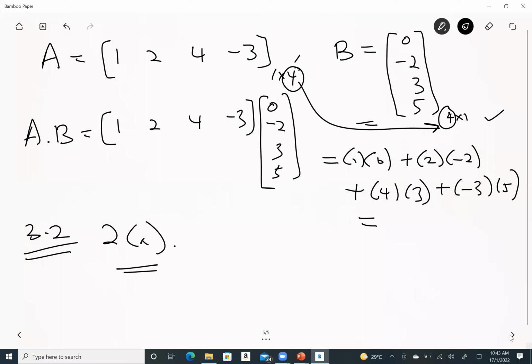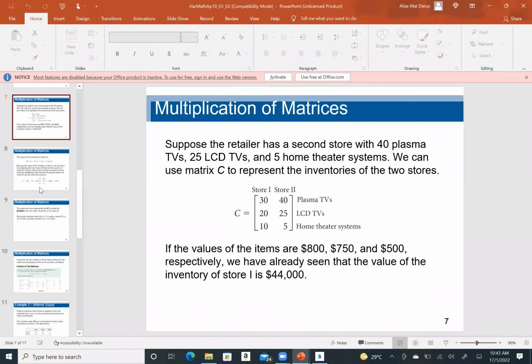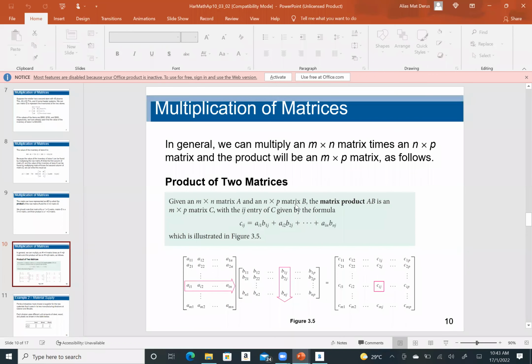Now that is the principle. That means for the general matrix, you apply that basic principle of multiplication. Now, if you look at a general matrix, how do you multiply? If I have two matrices, you have matrix A of size m by n, and then matrix B of size n by p.